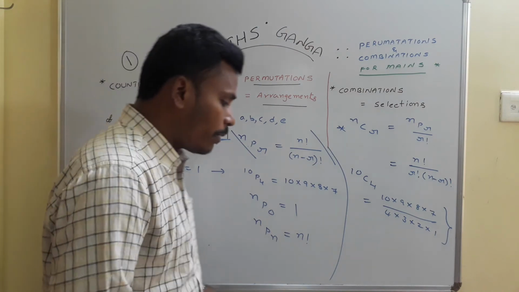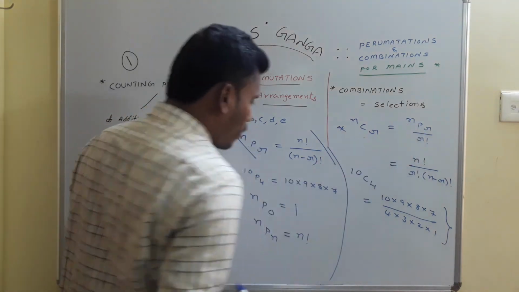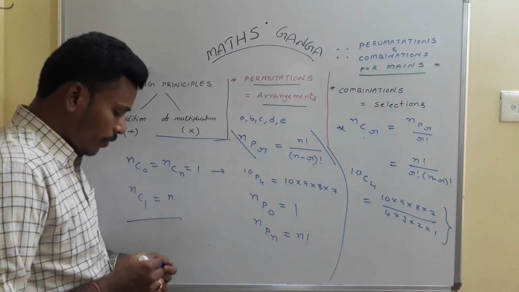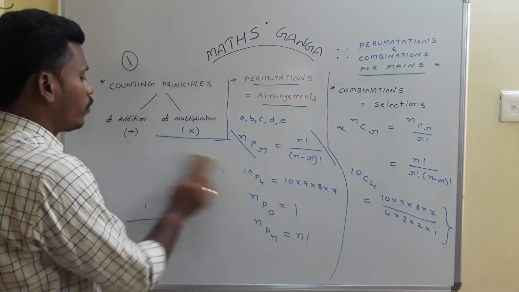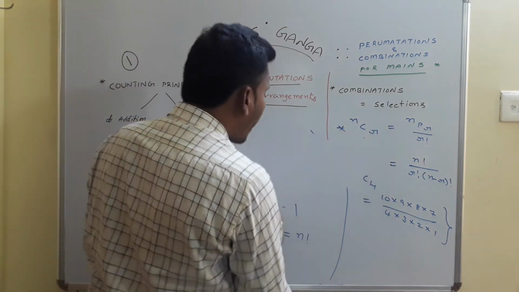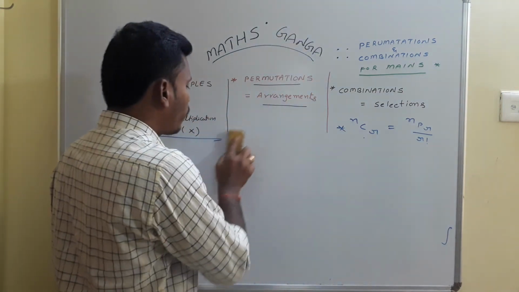So these are the basic ideas, and from nCr equals nPr by r factorial, one very useful logic we need to memorize is that there is a direct relation between the arrangements and the combinations.